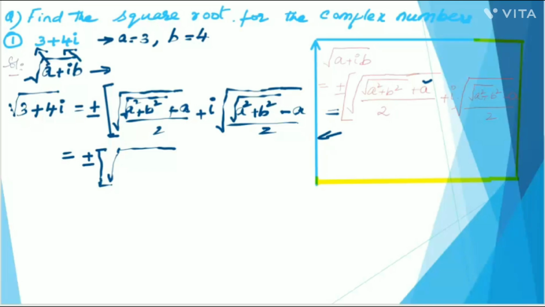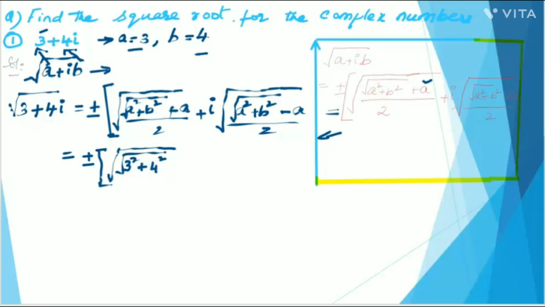When you compare this with the question, you will get a is equal to 3 and b is equal to 4. Here I have written the formula again, plus or minus under root. In place of a I will write 3 square plus b is 4 square.